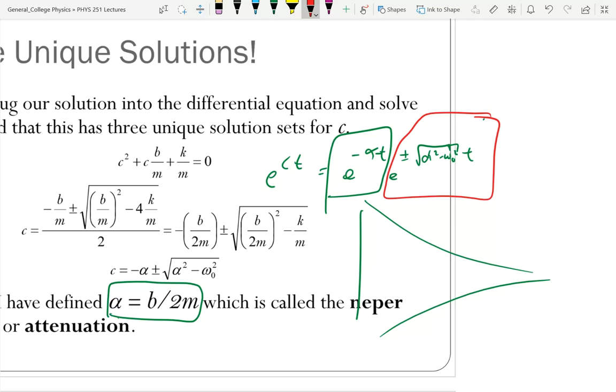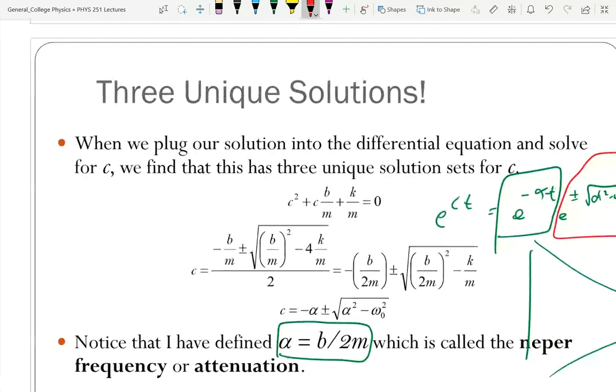What do we have then? Square root of a negative value gives you i. And when we have e to the i t, that's going to give us the sinusoidal behavior. So we're going to have sinusoidal behavior if alpha squared minus omega naught squared is negative.